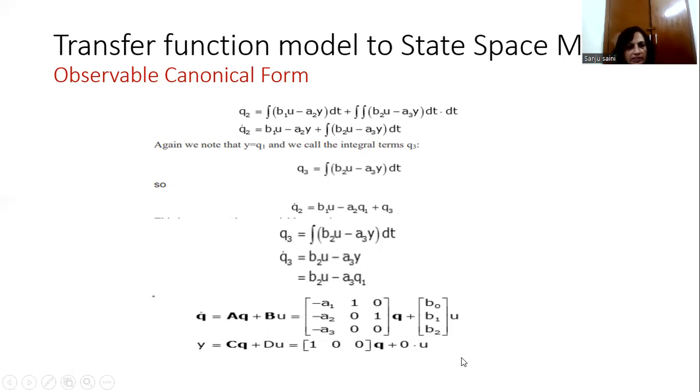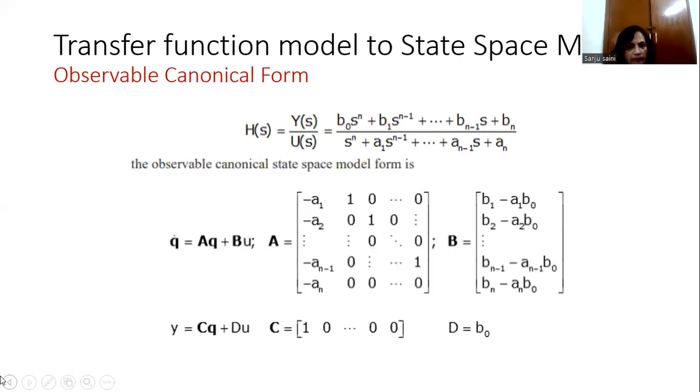So this is the conversion of the transfer function model to the observable canonical form of the state variable model. That was for the third order system. For the nth order system, in case we want to write down the A matrix, we can use this formula from this transfer function.